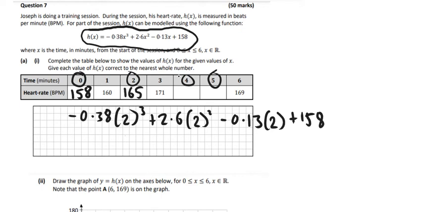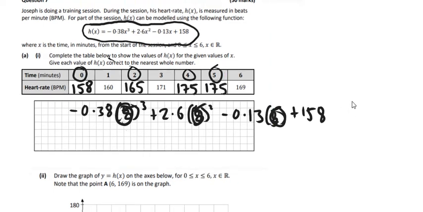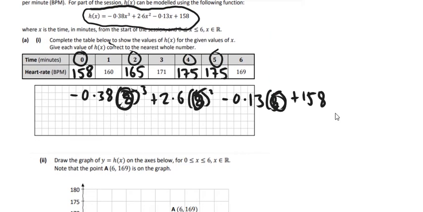Then you do the same again, putting a 4 in each time, and you'll get 175 when you round it off, because you have to round to the nearest whole number. Then you put a 5 in and you'll get 175 again. I'm not going to write it out each time because I don't think I need to. But that's what you do for the first part.